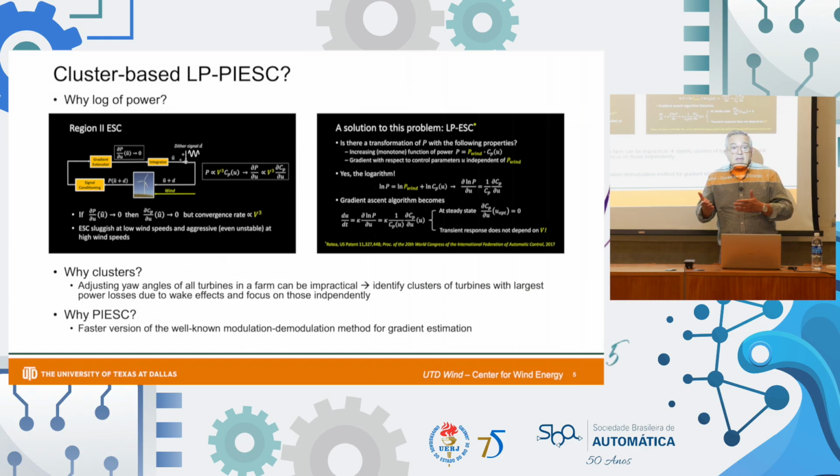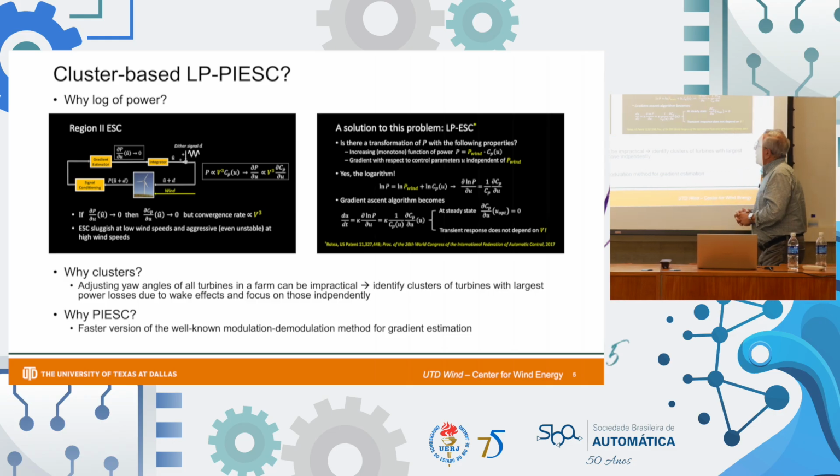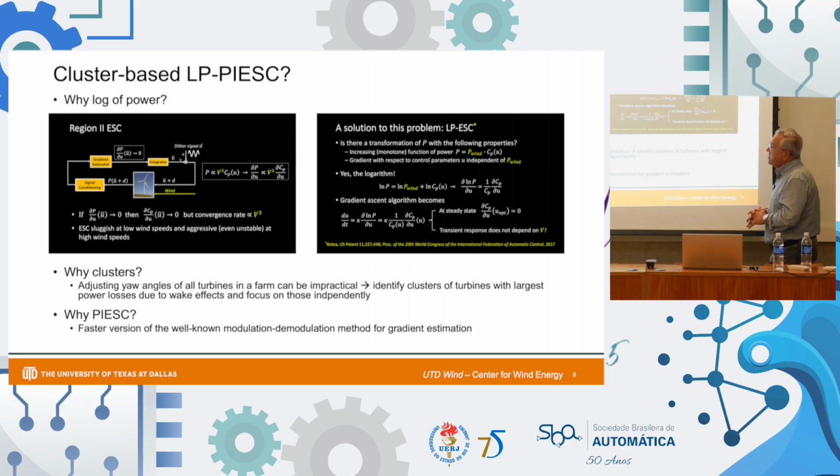For a typical case where you go from 4 to 8, you can do the math, it is 2 to the third, a factor of 8 change in the gains in the closed loop associated with extremum seeking, or in a more modern world, the learning rate of the extremum seeker. That change could destabilize you at high wind speeds and make you very sluggish at low wind speeds.